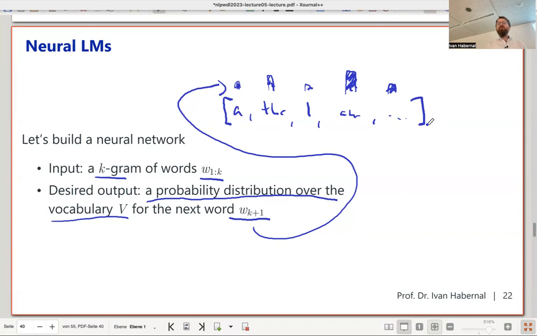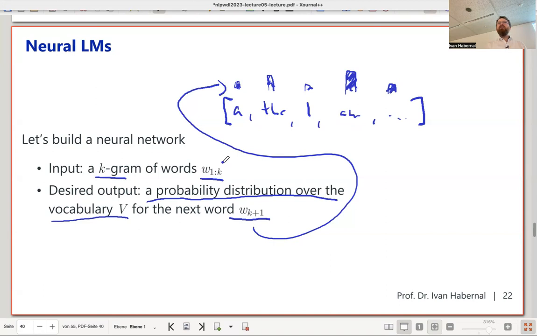So we're classifying a text. We're taking this as the input and trying to classify which word is the next one. This is a classification task, basically, right? We're classifying which is the next word, to which word the previous context belongs.